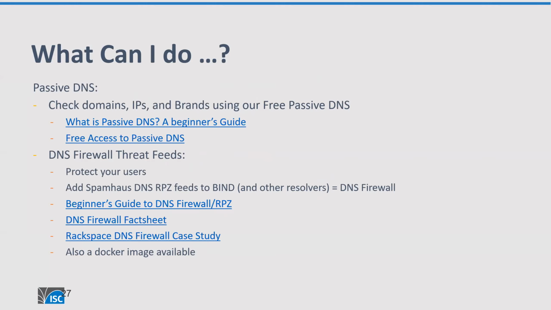We offer a free version of Passive DNS that you could check against, that would let you monitor your domains. Now, if you have hundreds of domains, the free stuff is probably not going to be for you. But that's something that is available for free.